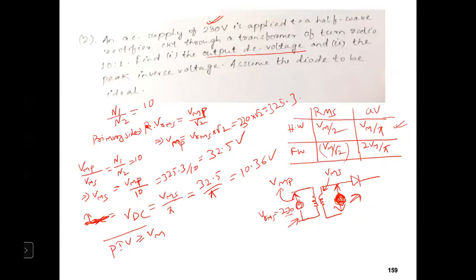That's why in the question it is asking the peak inverse voltage. So PIV has to be greater than equal to Vm, or PIV has to be greater than equal to 32.5 volt. Got this one?